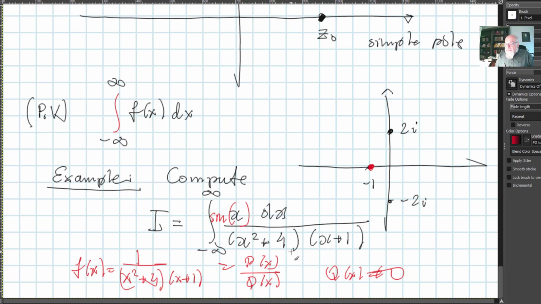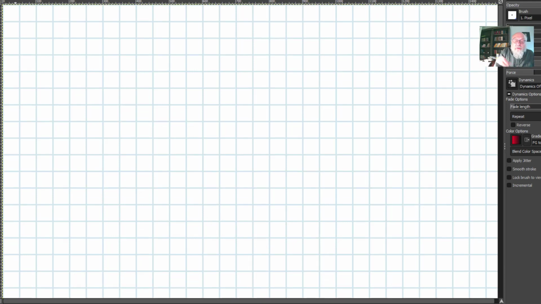So let's recall how the whole process was done. Let's revisit this particular integral, from minus infinity to infinity. We started with this integral, with the numerator and the denominator.